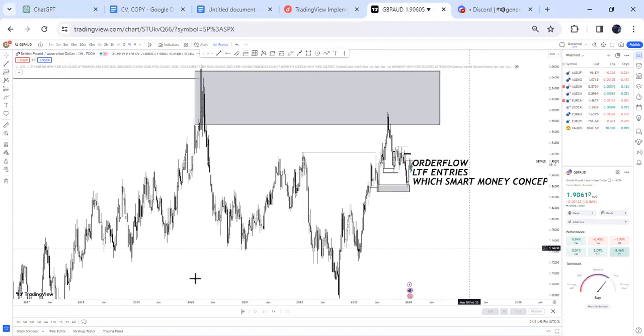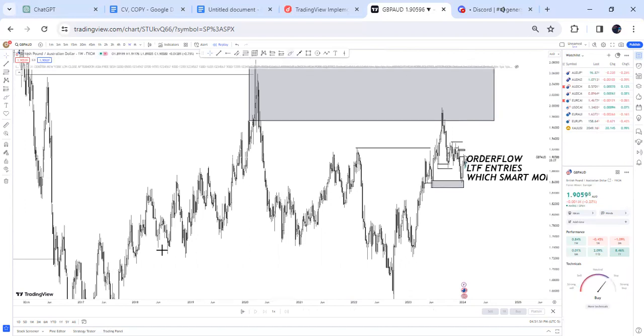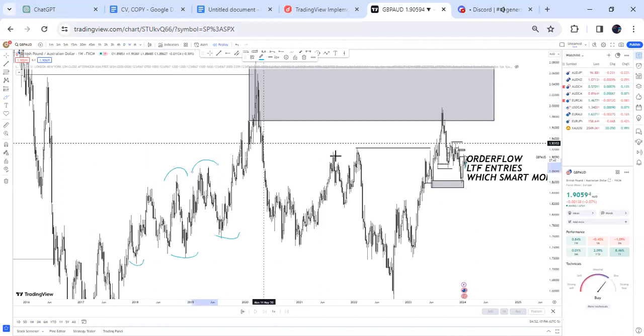All right. So for example, all the way here, we can say that we had bullish order flows until we saw this sell downwards. All right.